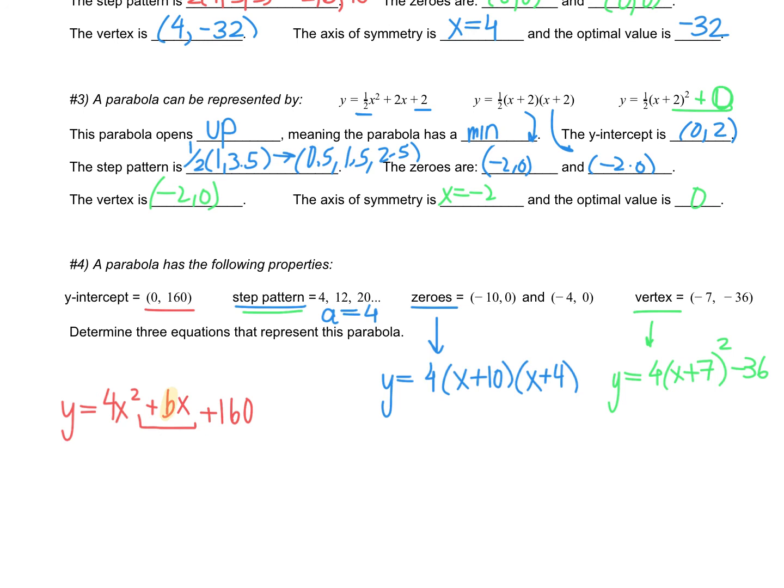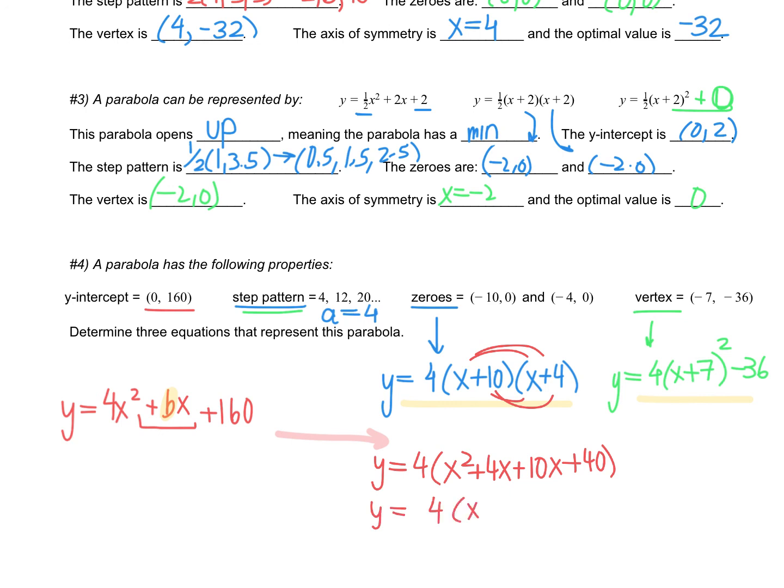If we can just take either our factored or vertex form and expand it, we can actually get the full standard form. So I'm going to go ahead and do that right here. I'm going to do some FOIL to do my distribution. So x squared plus 4x plus 10x plus 40.